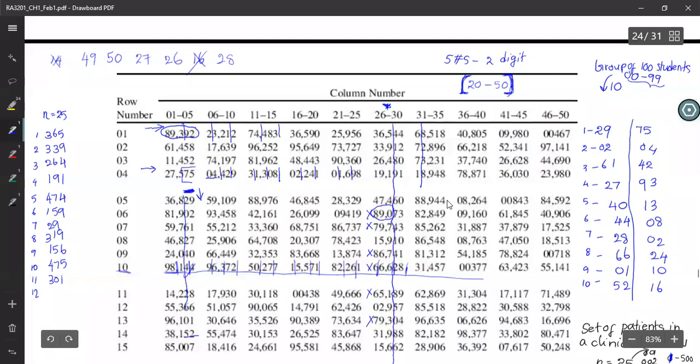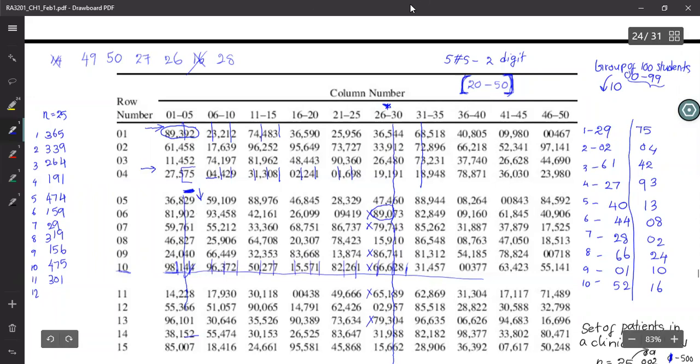In this example, I gave you the chance to use 20 and 50, so then you have to use them in the sample. That's why you have to look at the population size and define the starting point and the end point. Whether you include them or exclude them, if clearly defined, then you will not have any problem.